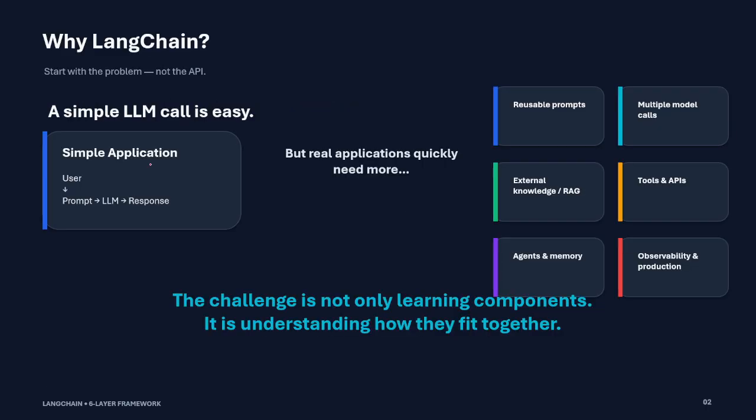This is the introduction layer, so why LangChain? When we are going for an LLM call, in the normal way, a user gives the prompt, it goes to the LLM and we retrieve the response.